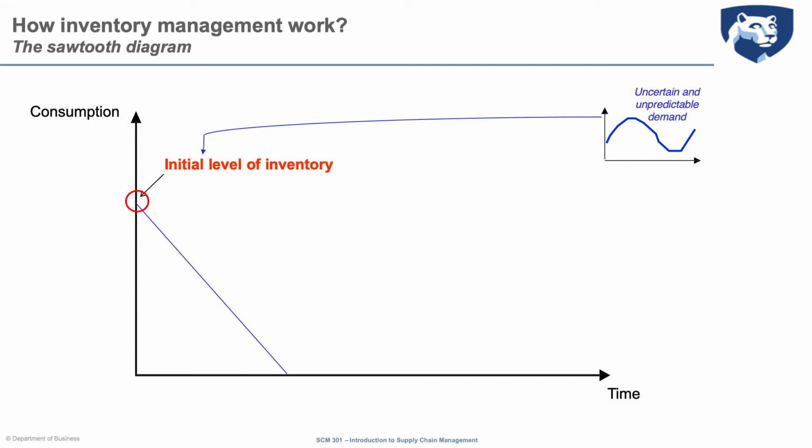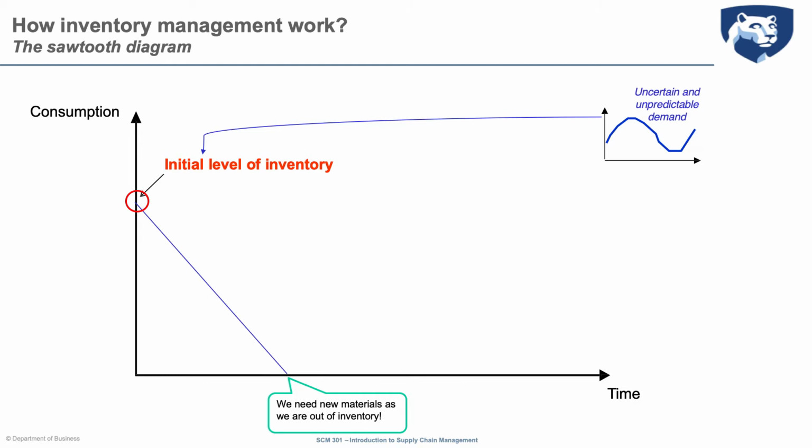Likewise, whoever holds the laptop inventory will use the 50 laptops to satisfy the market demand. I start with 50, and over time, according to the demand from the final market, I will consume my keyboards to produce laptops to be sold to the market. So there will be a point in time where I will have no more keyboards and no more laptops.